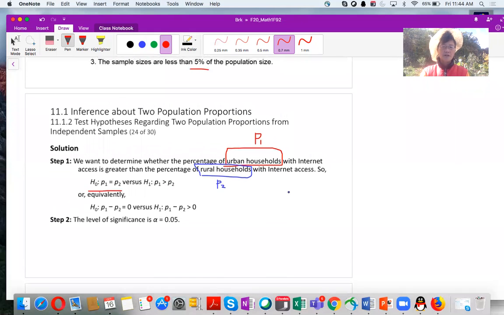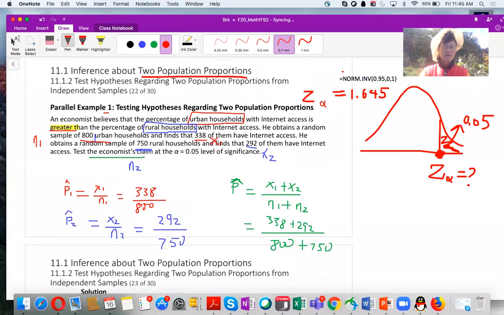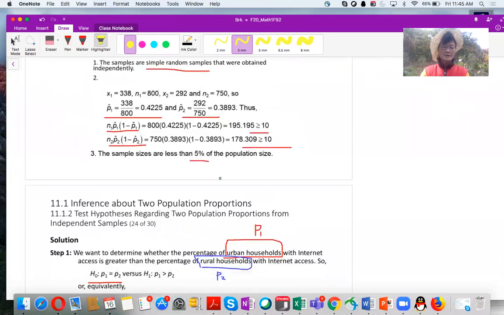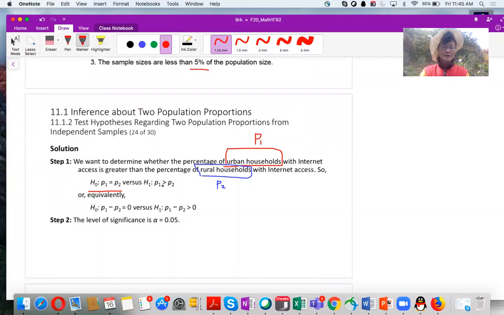Because the economist's claim has the keyword "greater than," H1 has a greater-than sign. This H0 and H1 are the same as here: p1 minus p2 equal to 0, or p1 minus p2 greater than 0. So that is step 1.